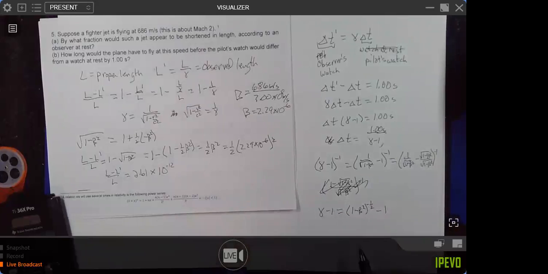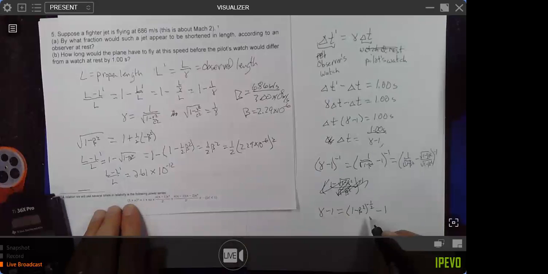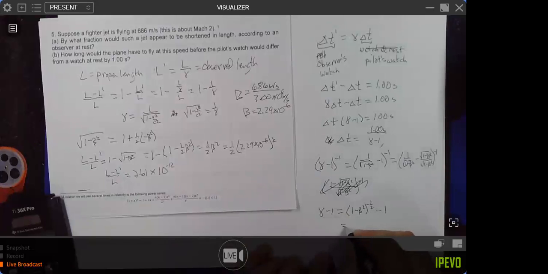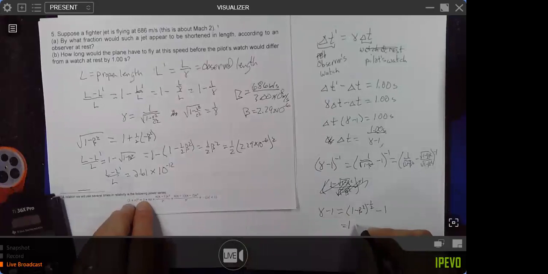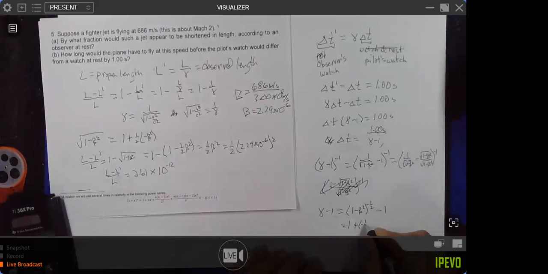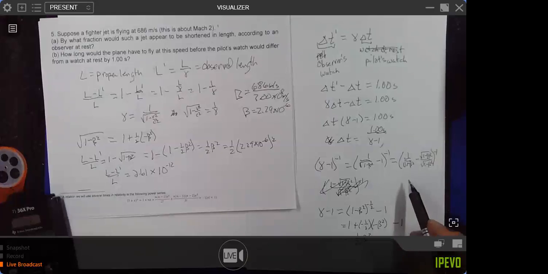Anyway, so do our expansion on this. N in this case is minus 1/2. So this will equal 1 plus minus 1/2 times x, which is minus beta squared. And then I'm subtracting 1 from that, and I end up with 1/2 beta squared, because 1 minus 1 is 0.